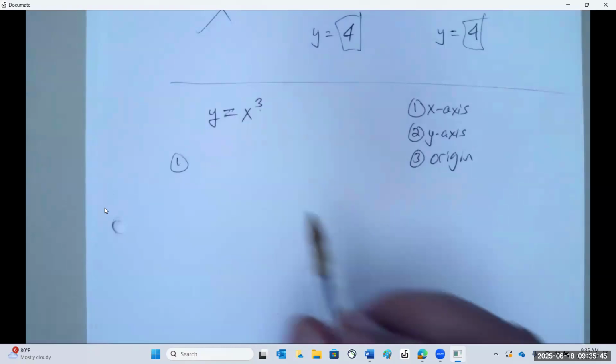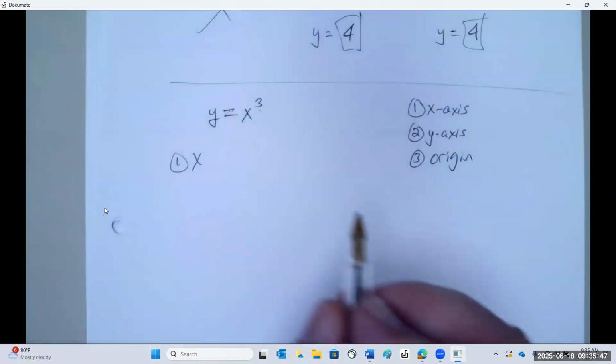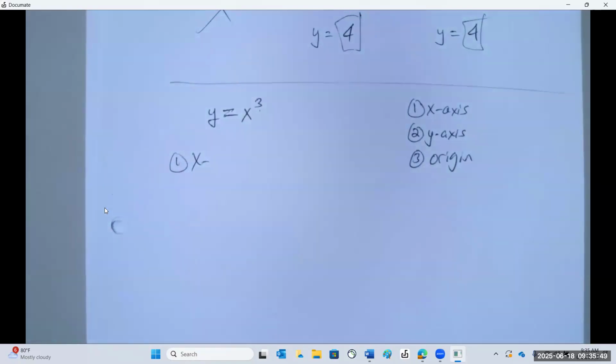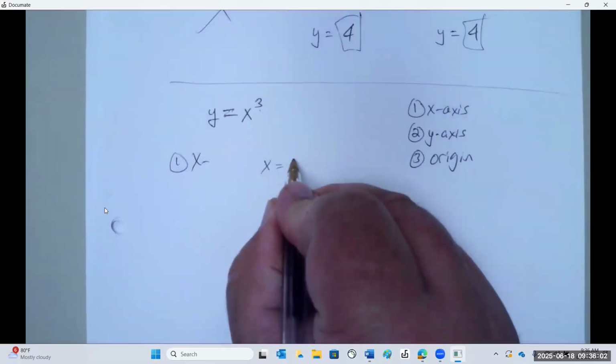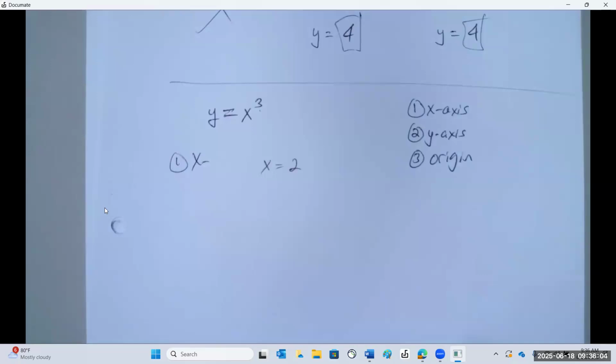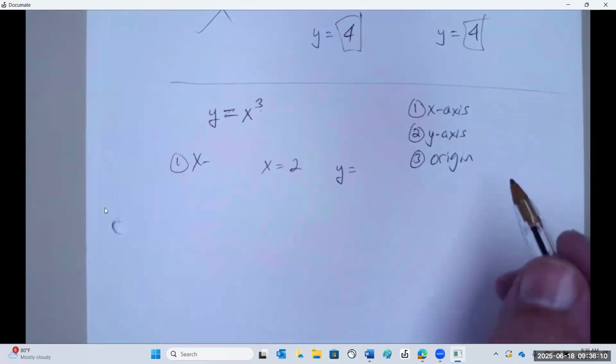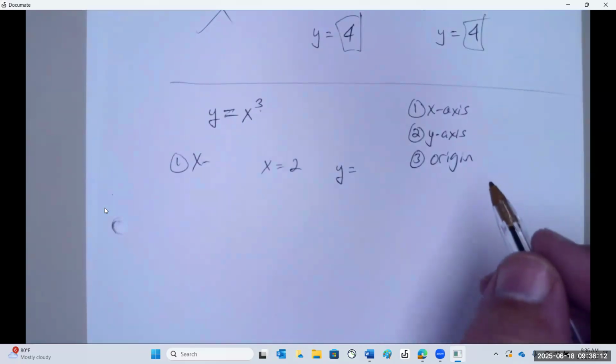So, is it symmetric about the x-axis? Why not? What do you test there? Right. So if I plugged in 2 inside there, what's y going to equal? Try again. 8.